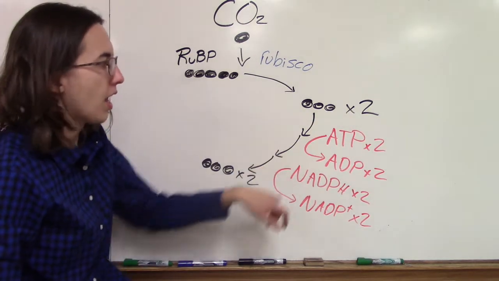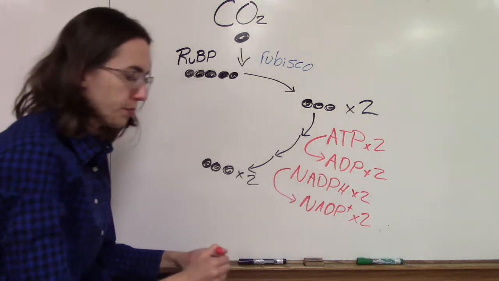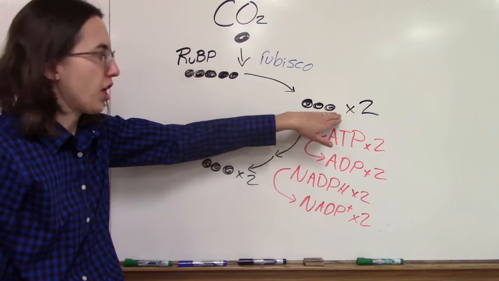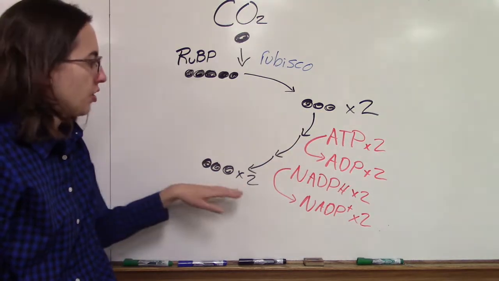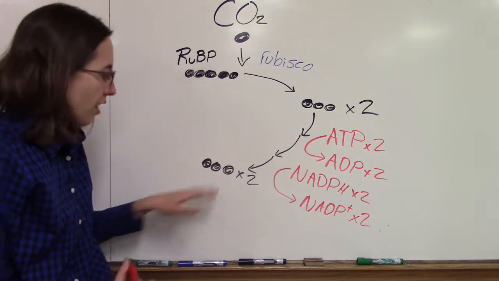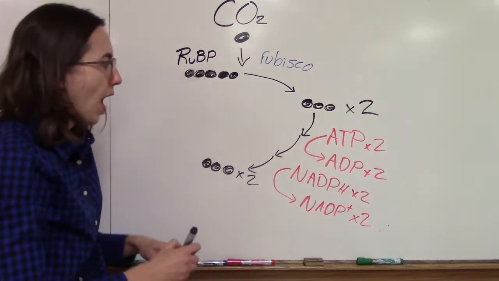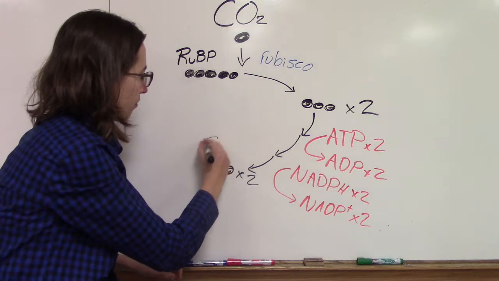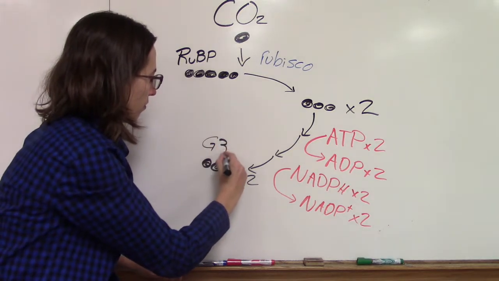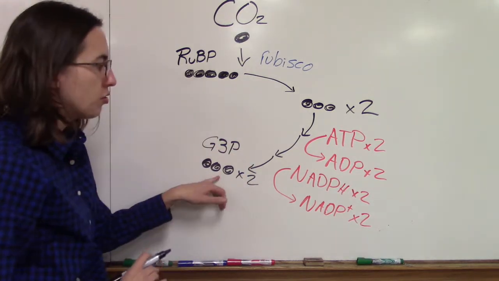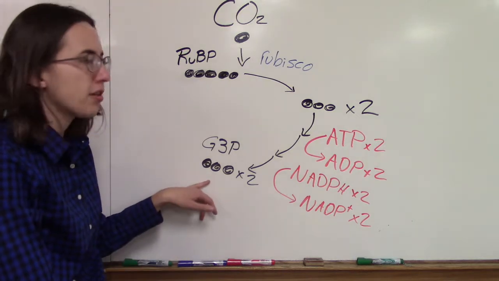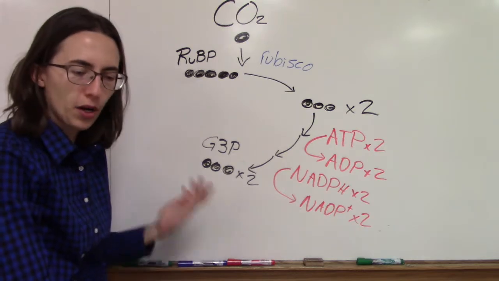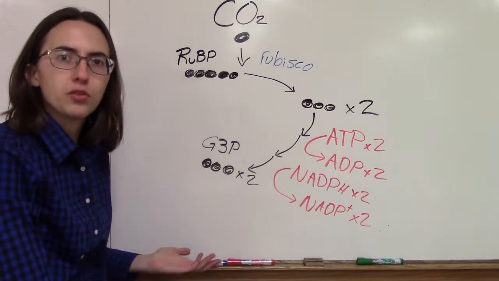So we add in an input of energy and we add in an input of hydrogen in order to change these 3 carbon sugars to these other 3 carbon sugars. And these 3 carbon sugars, these outputs, are called G3P. So we've made 2 G3Ps, and G3Ps are the building blocks of glucose. If you take 2 G3Ps and you put them together in the right way, you make a glucose molecule.